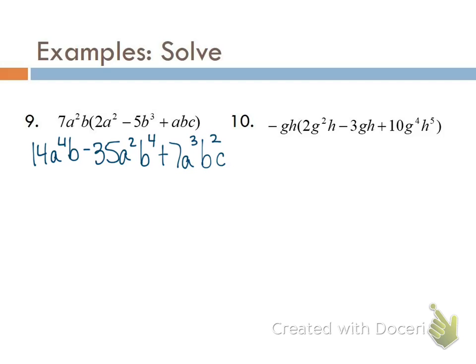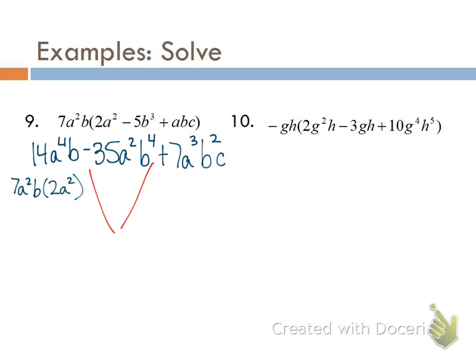Okay, so again, if you need to write these out one term at a time, to get the first term, 7a squared b gets multiplied by 2a squared. So there wasn't another b, that's why the b just stayed the same. That middle term, I'll again switch colors and put it down below a little bit.